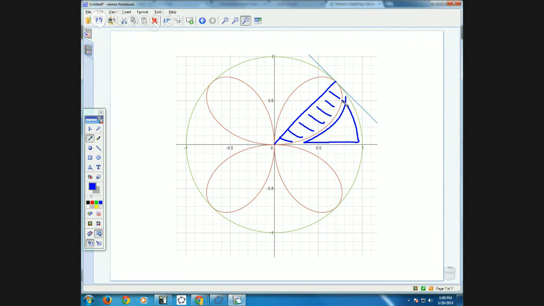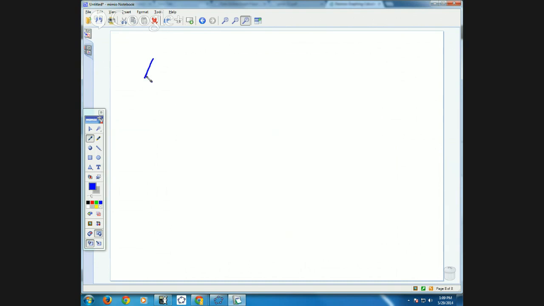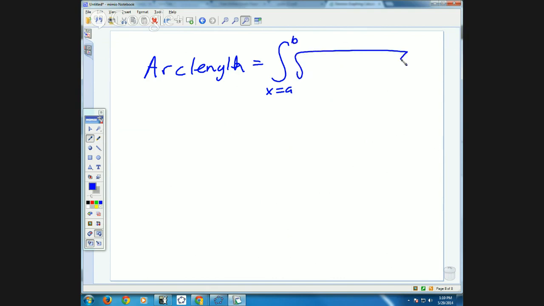Okay, so now normally, arc length from Calc 2 is the integral from x equals some starting number a to b, square root of 1 plus dy dx squared, dx.